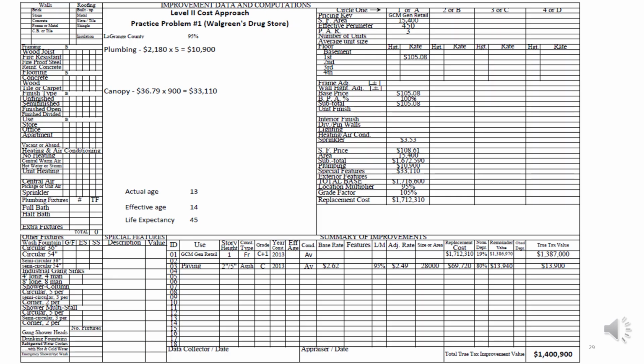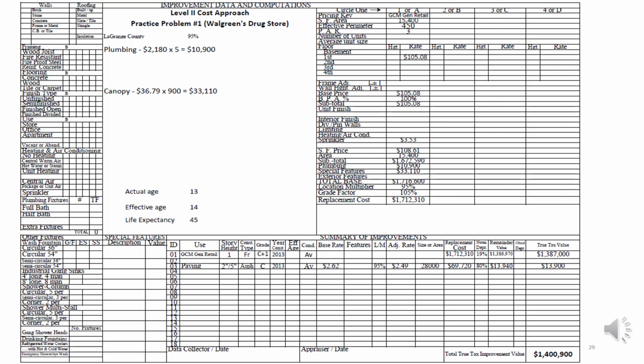However, for this problem, it told us it was a C grade, so that's going to be 100%. Our base rate is also going to equal our $2.62. Now we're going to take that times our location multiplier of 95%. That's going to give us an adjusted rate of $2.49. We're going to take that times our square foot of 28,000, and we're going to get a replacement cost of 69,720.